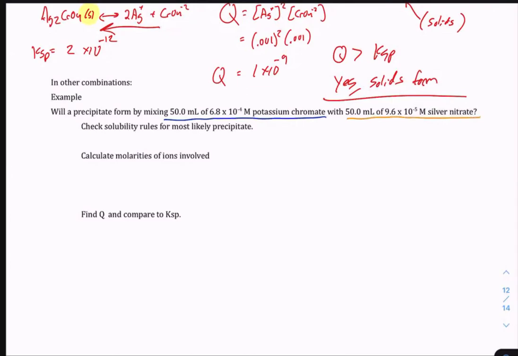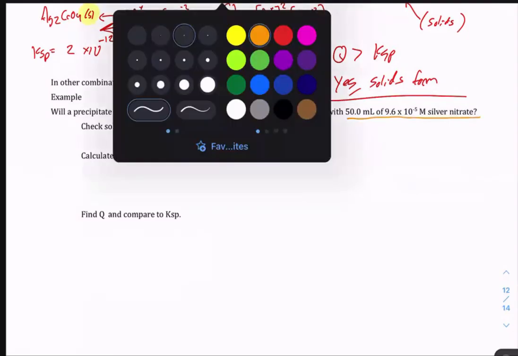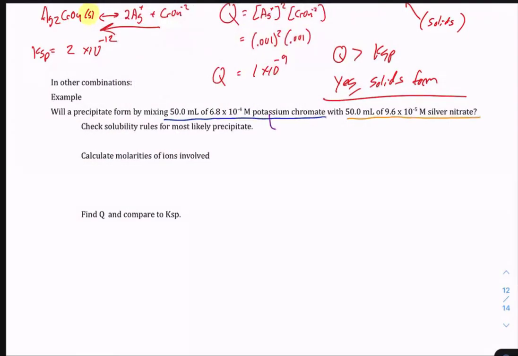If I'm mixing potassium chromate and silver nitrate solutions together, you guys understand that these are double replacement reactions, and to figure out what the precipitate's going to be, it helps to understand the solubility rules, right? Potassium will end up going with nitrate, and silver will end up going with chromate.